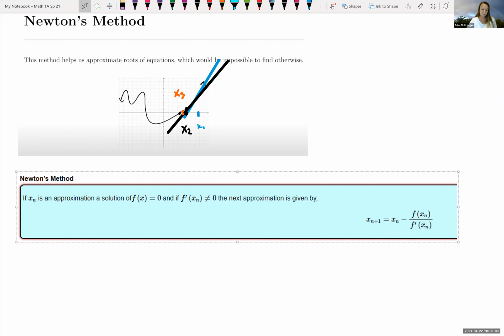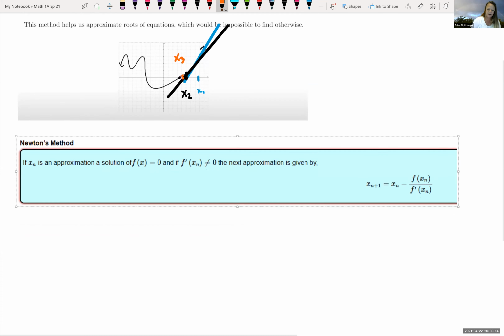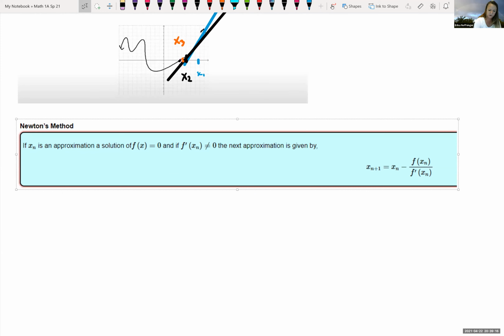So I pulled up the formula in order to find Newton's method. Basically we get this by using our linear approximation formula to find out where this is equal to zero. So for instance, let's just derive it.